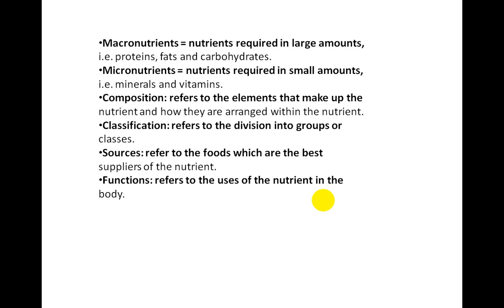Nutrients are food components that contain the elements necessary to perform various functions in the body. There are 6 categories of nutrients. Further, the nutrients are divided into 2 groups: macronutrients and micronutrients. Macronutrients include protein, fats, carbohydrates, and water, while micronutrients include vitamins and minerals.